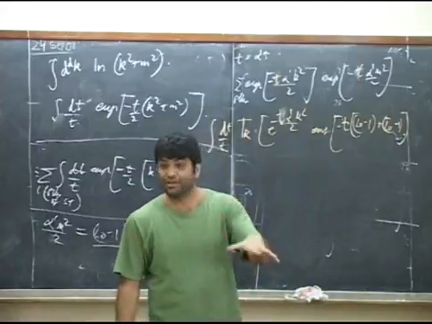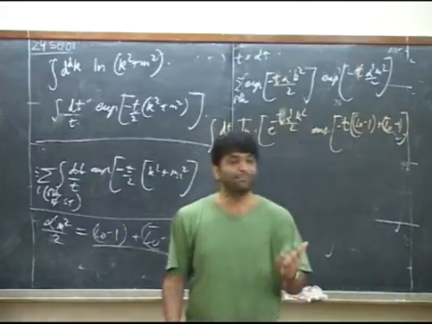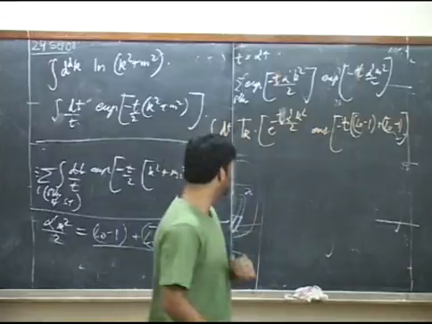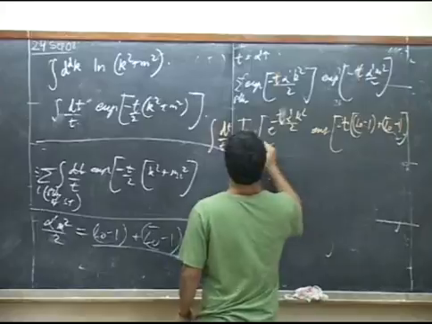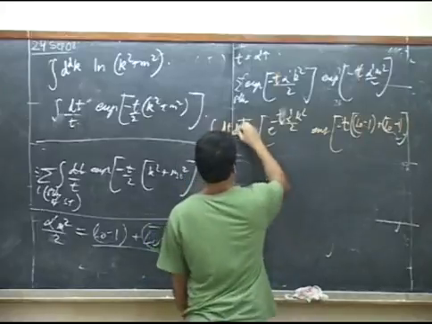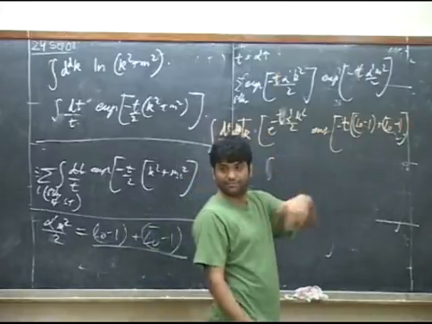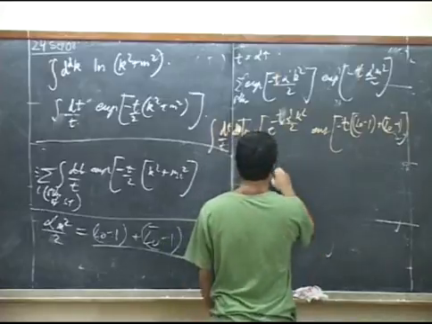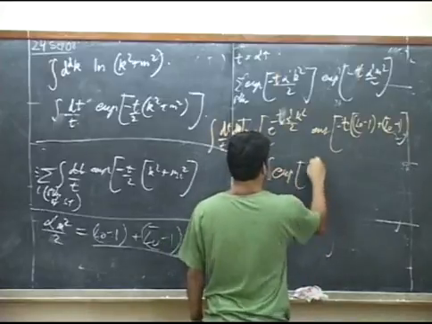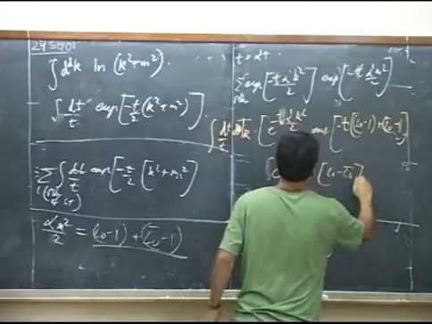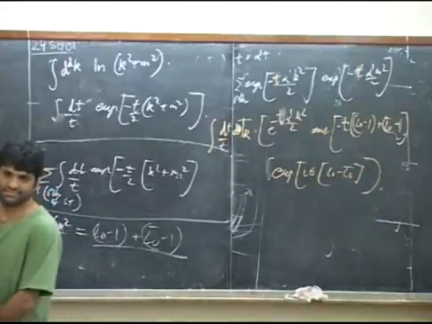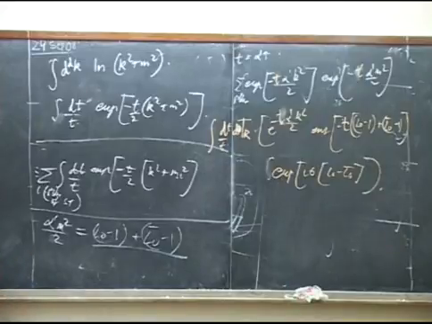But the eigenvalues of L0 and L0 bar are both integers. It's a very simple representation of the delta function with integers over the whole space of integers. We multiply this by integral d theta, where theta lives from 0 to 2 pi, and multiply exponential of i theta into L0 minus L0 bar. That's the delta function that says L0 is equal to L0 bar and enforces level matching.